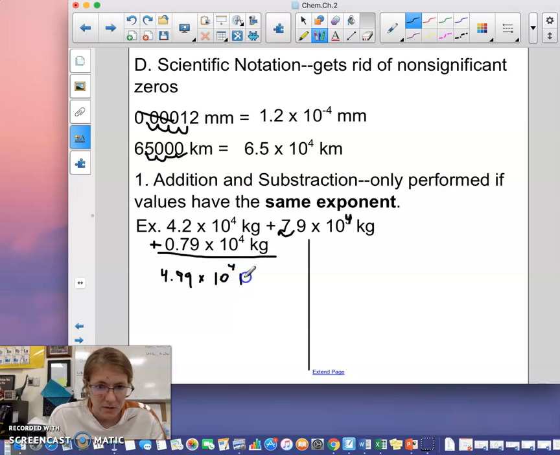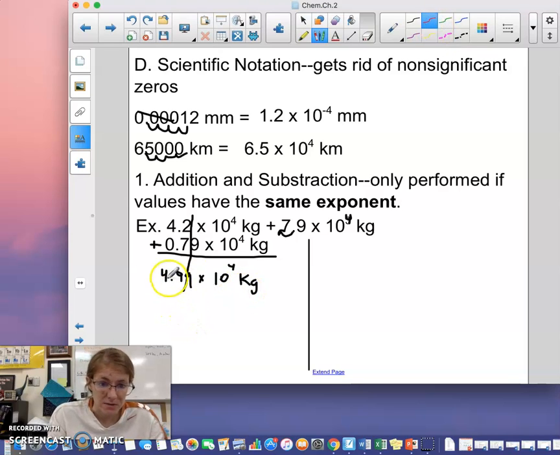Now, we discussed sig figs yesterday, and when you do addition, you go until the last common place. Okay, so in this case, it's one place after the decimal. So I have 4.9, and then I got to look at this number and determine if I need to round. And I am going to have to round, so this is not technically my answer.